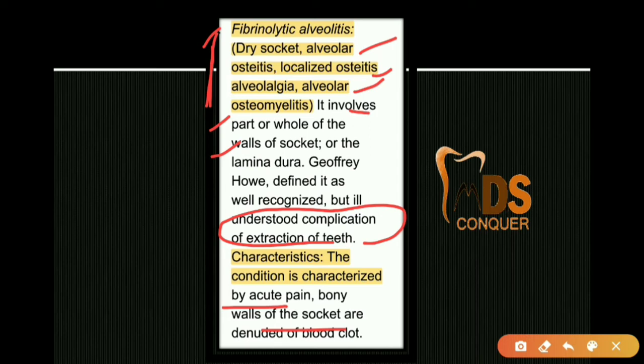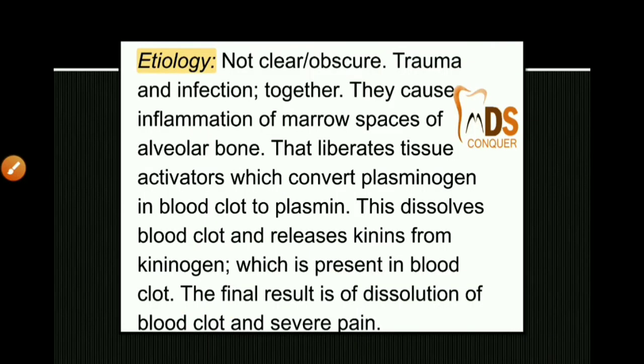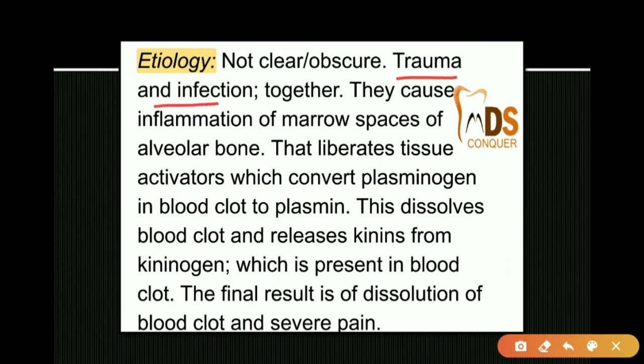So the blood clot is missing within the socket. Then etiology: a microbial etiology can be present, or trauma and infection together, whether a highly traumatic extraction or a microbial cause, or both can be the etiology of this dry socket.